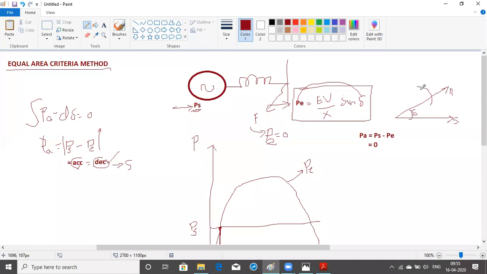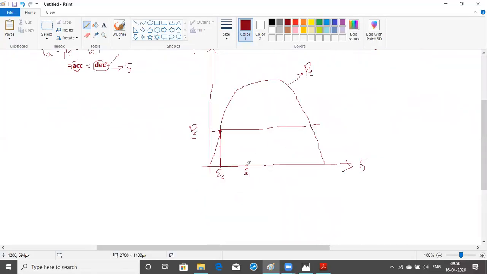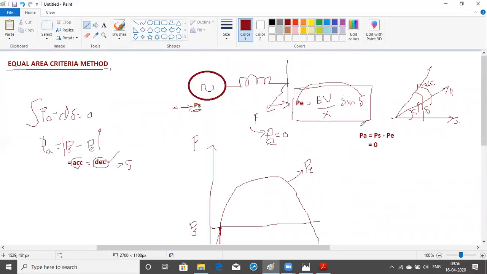The rotor is accelerating, so delta will start increasing. This is the new point of the rotor axis. Now this is the new delta. Delta increases because the rotor is accelerated. So delta increases to delta 1, but still there is no electrical output power.